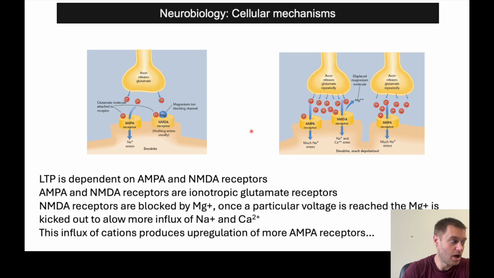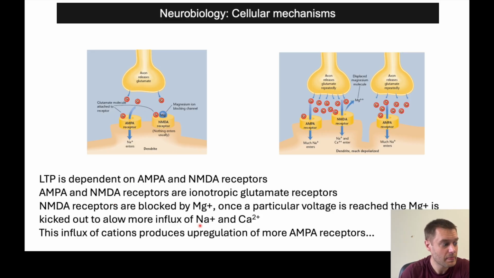So long-term potentiation is dependent on AMPA and NMDA receptors, and you should remember from our previous lectures that AMPA and NMDA receptors are glutamate receptors, specifically ionotropic glutamate receptors. And if you remember, the NMDA receptor is the complicated ionotropic receptor. We have this being exhibited again here.